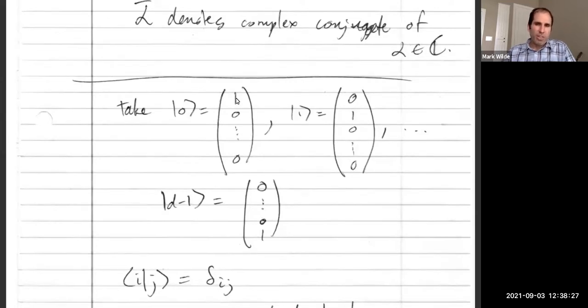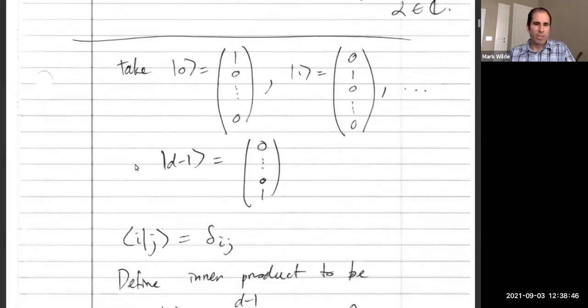So the first vector has a 1 in the first place and zeros elsewhere, and that's the 0 vector, and the 1 vector has the 1 in the second place, etc. And then for a d-dimensional space, the vectors will be indexed by 0 through d minus 1. Okay, so that's the standard basis.